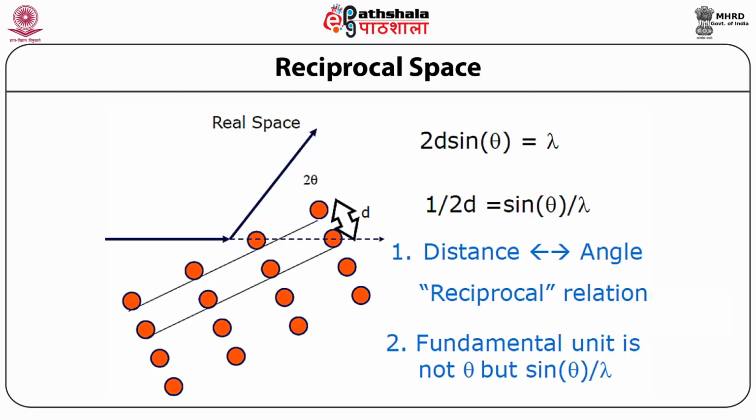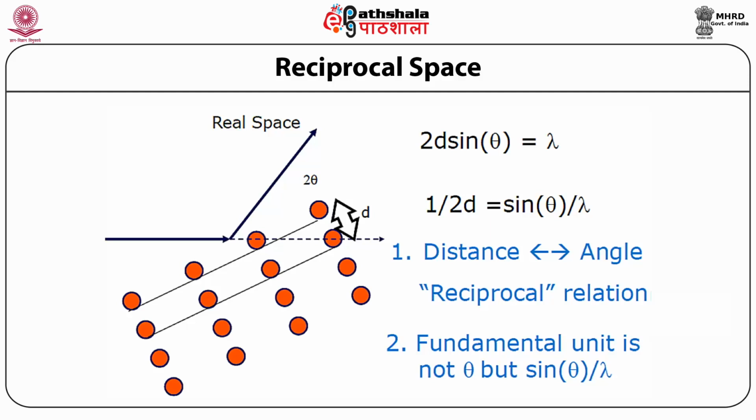So you can see that this equation tells us information about the reciprocal space. When we say 1 upon 2d, this is the inverse of length, because d has the dimension of length. So the left hand side of this equation is the inverse of length, and on the right hand side you have sine theta. In X-ray measurement, we measure intensity as a function of theta or 2 theta.